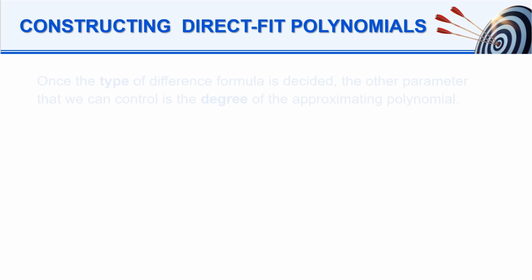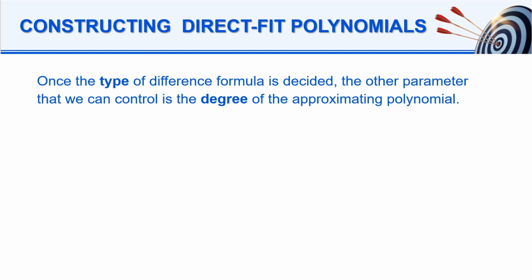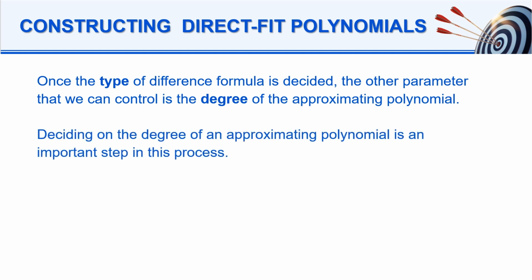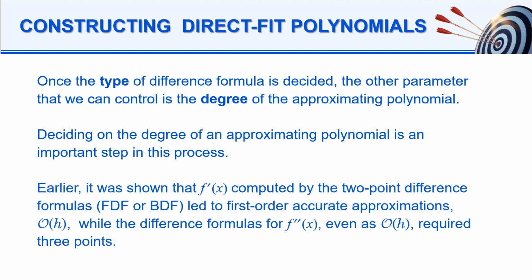Once the type of difference formula is decided, the other parameter that we can control is the degree of the approximating polynomial. Deciding on the degree of an approximating polynomial is an important step in this process. Earlier, it was shown that f'(x) computed by the two-point difference formulas, forward difference or backward difference formula, led to first-order accurate approximations, order of accuracy h, while the central difference formula for f'(x), even at order of accuracy h squared, required 3 points.